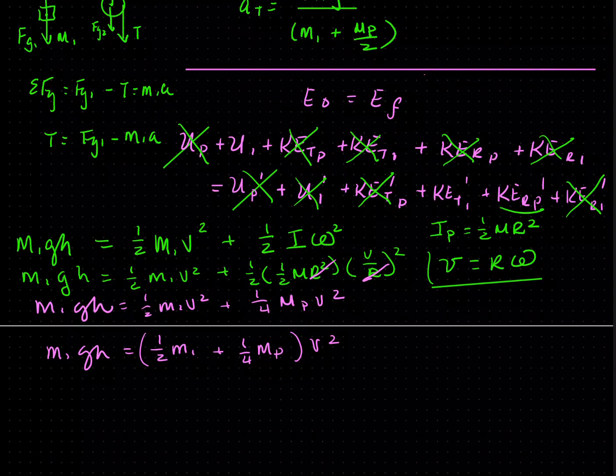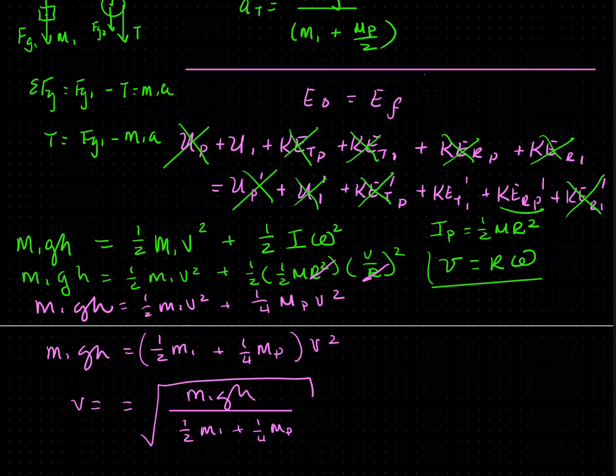So if I solve for v, v is going to equal the square root of M1 g h over (1/2 M1 plus 1/4 MP). If I make it a little bit cleaner, this is just M1 over 2 plus M of the pulley over 4, square root.